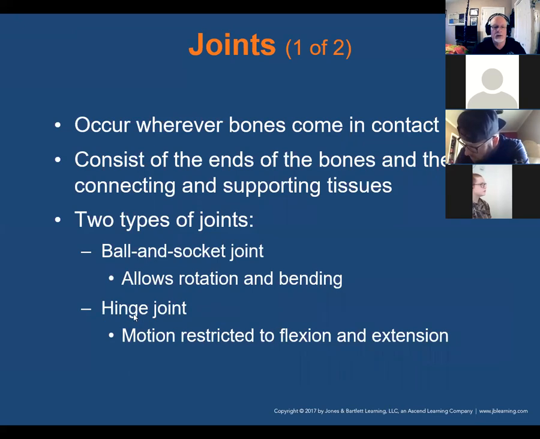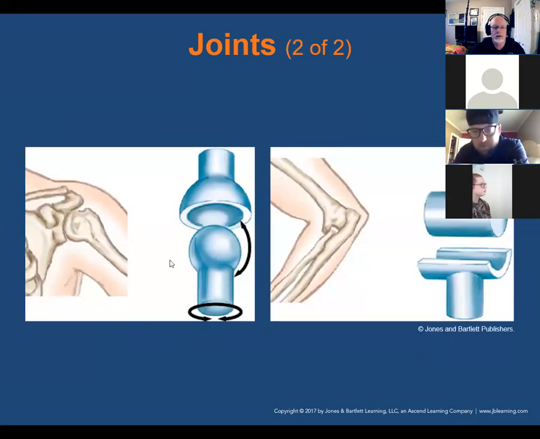And then ball and socket joints, those are just what it says. The head of your femur or the head of your humerus fits in a fossa. That's the socket part of a ball and socket joint, and it's lined with cartilage to form a smooth gliding surface, and it allows for all kinds of range of motion. Now, down in your thumb, you have a modified ball and socket joint.